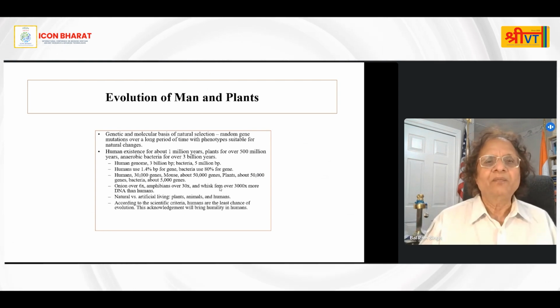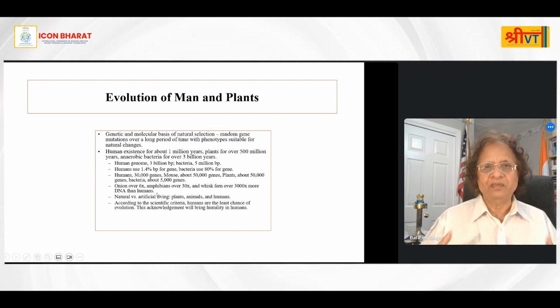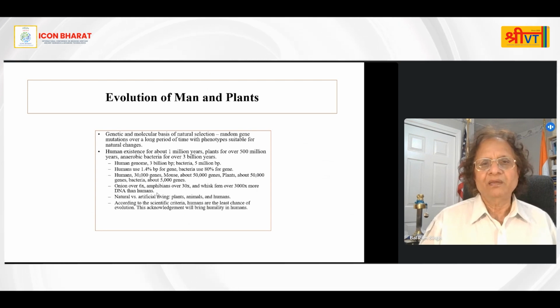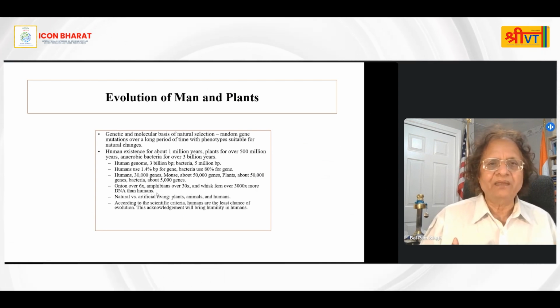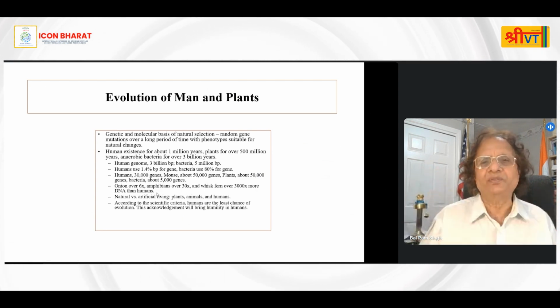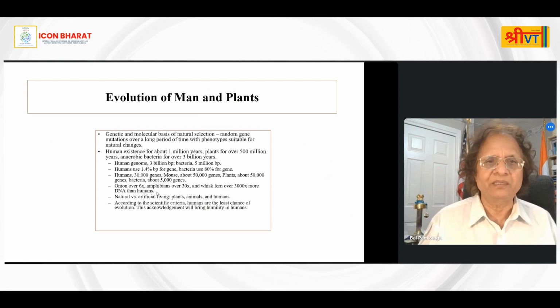But the point is that it seems the environment is awfully more complicated, and plants have a lot more in their bag to be able to deal with the environment.